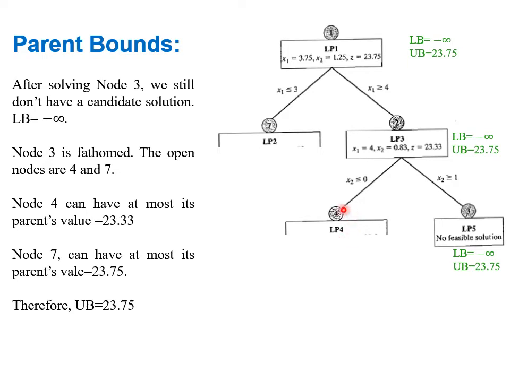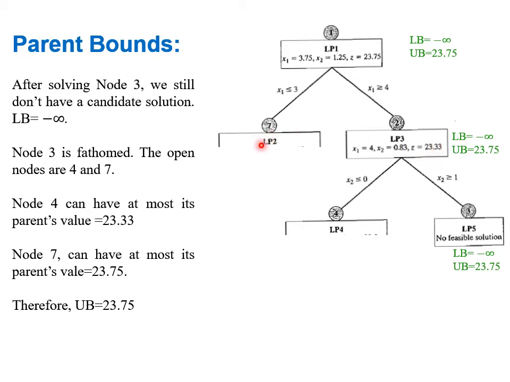The currently unexplored nodes are node 4 and node 7. For node 4, what is the best possible objective function value that we can get? We should look at its parent for this purpose, and its parent says that you can get a maximum of 23.33.